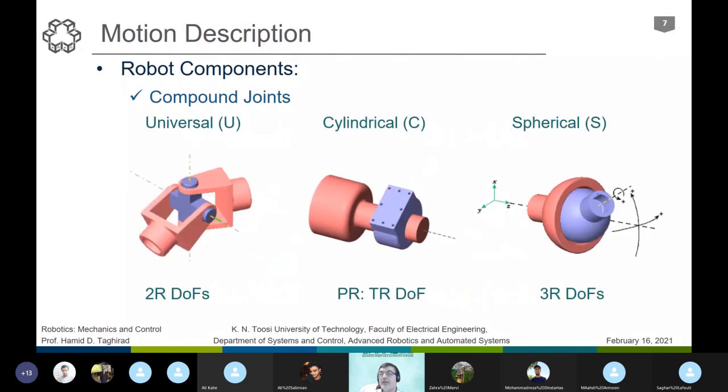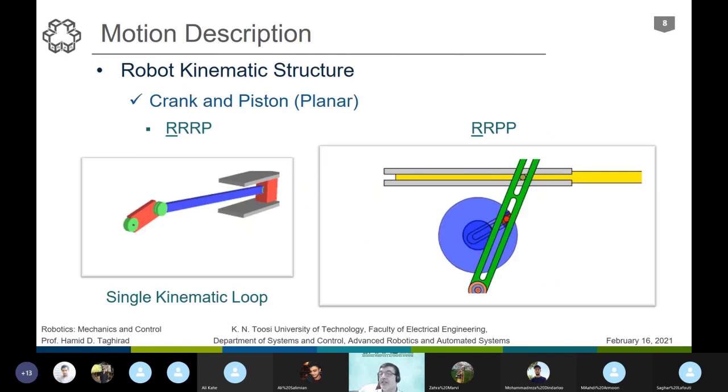After having some joints and links in mind, the links are quite easy. They connect the joints. They could be just a single planar link, or they could be twisted and with offset and so forth. We will see a number of them here.